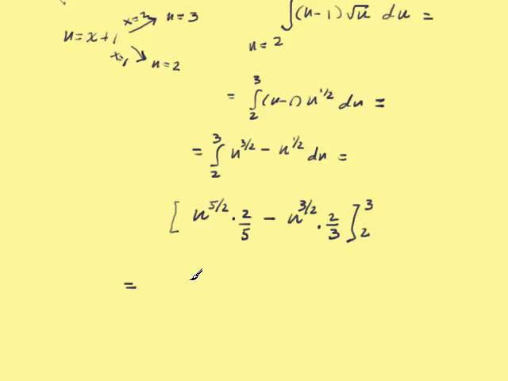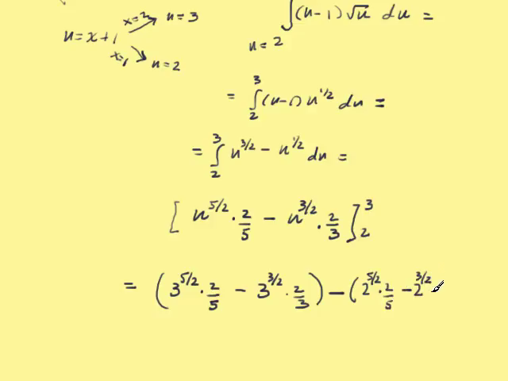Substituting in 3, we have 3 to the 5/2 times 2/5 minus 3 to the 3/2 times 2/3, minus 2 to the 5/2 times 2/5 minus 2 to the 3/2 times 2/3. Okay, we can't really approximate this without a calculator, so I'm just going to leave it as is.